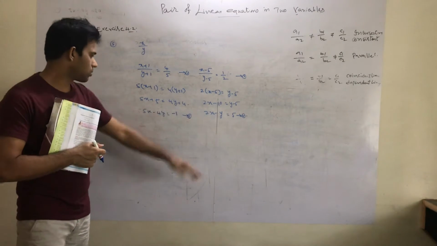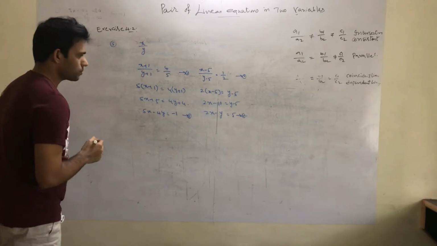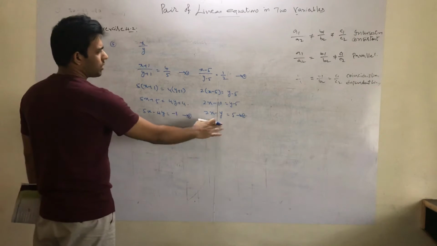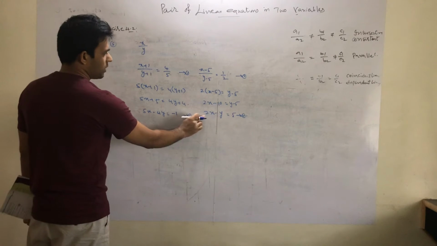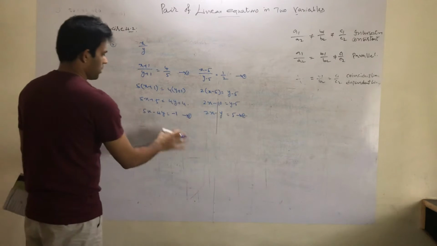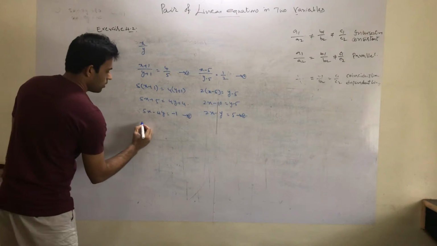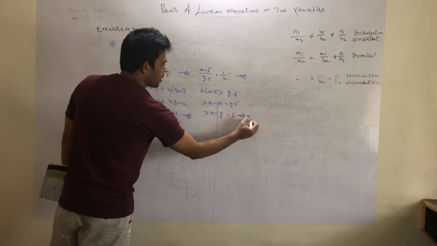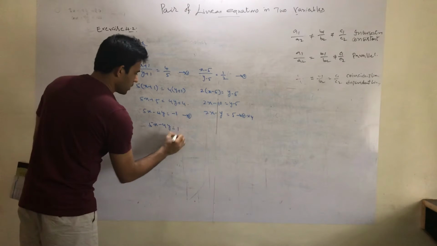You need to multiply this with 4 times, right? Okay. So, for equating this, you need to multiply with 4 times. So, this becomes 8x, this becomes 4y, and this becomes 20. Right? So, okay, let's solve it quickly. So, this you multiply with 4 times. So, 5x minus 4y equal to minus 1.